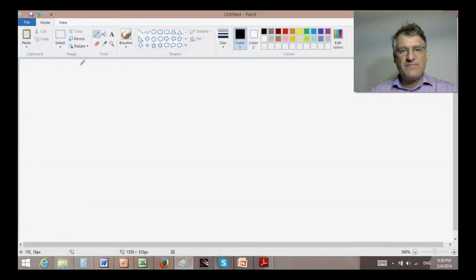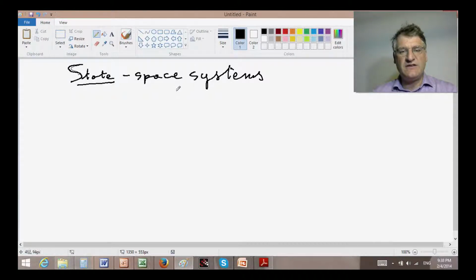So when we talk about state space systems, we have immediately the notion of state that appears. As we will see later, the notion of state is fundamental in the study of general dynamical systems.